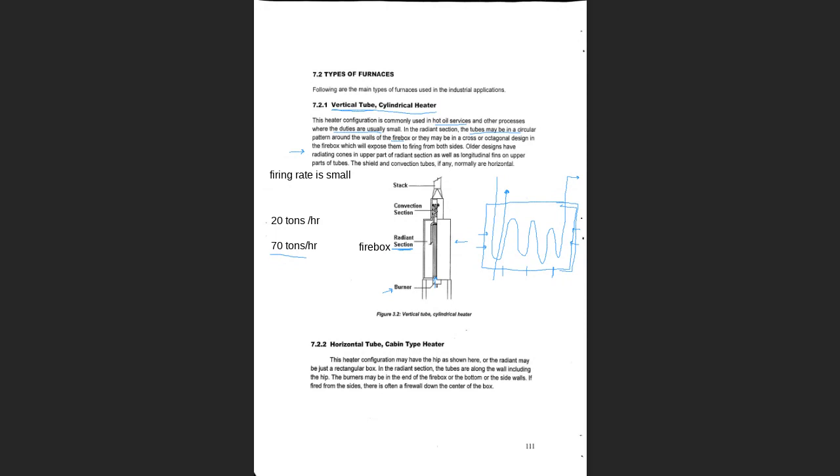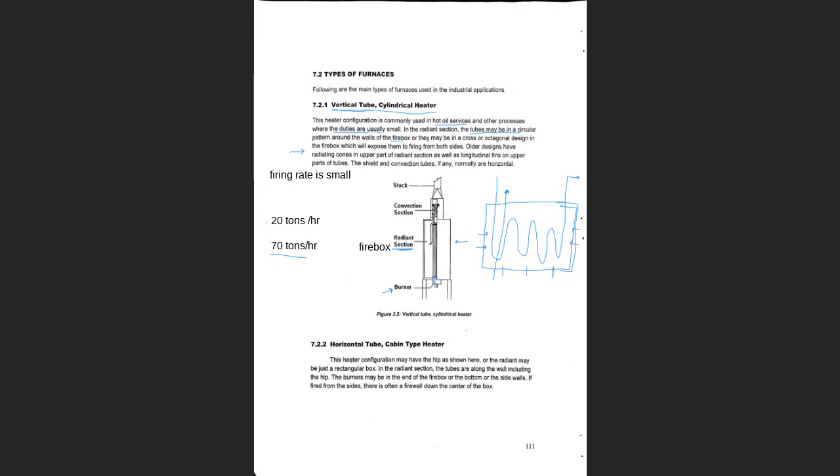But hopefully, inshallah, I will talk about single pass versus multiple pass and the advantages and disadvantages of these types, and I will try to explain it more. But at this stage, you are only responsible for understanding that in a vertical tube furnace, the tubes or the coils inside the radiant section are arranged vertically.